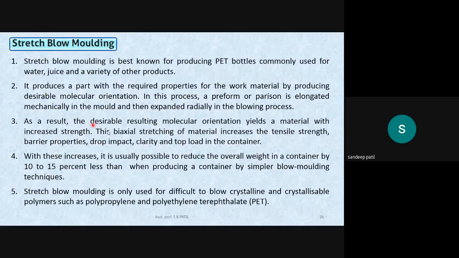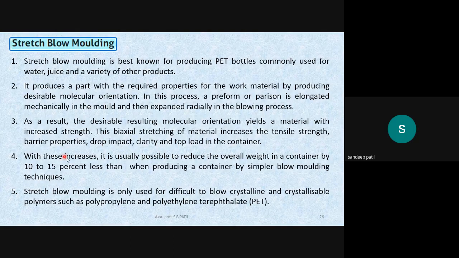So as a result, what happens? It yields a material with increased strength. This biaxial stretching of material increases the tensile strength, barrier properties, drop impact, clarity, and top load in the container.